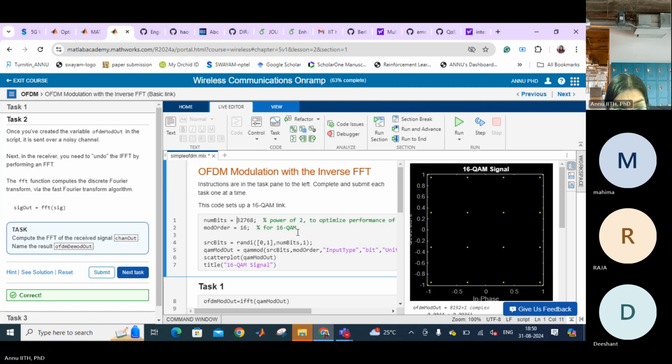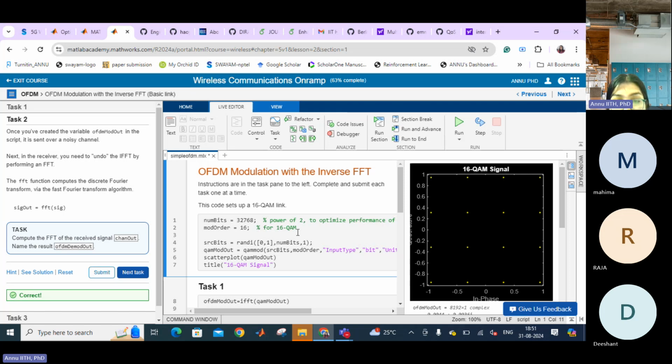Calculator. I think that will be clear soon. 8192 divided by 32768. So it is 1 by 4.